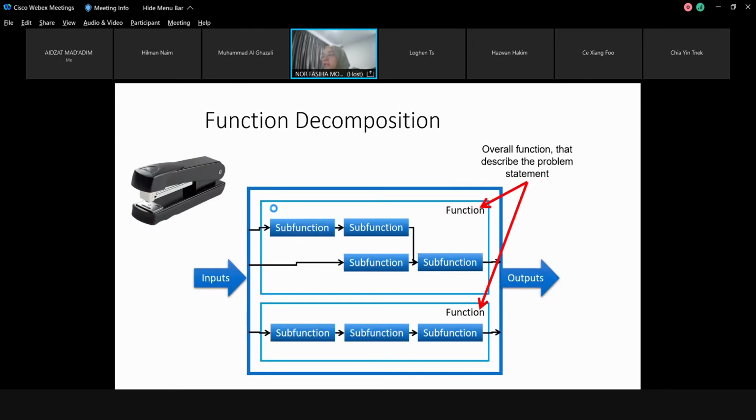We do the function decomposition and present it in the form of a function structure. For a function structure, there is one box that represents the product, and every product must have inputs and outputs.